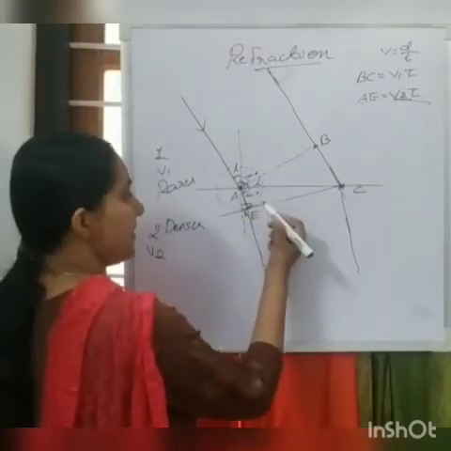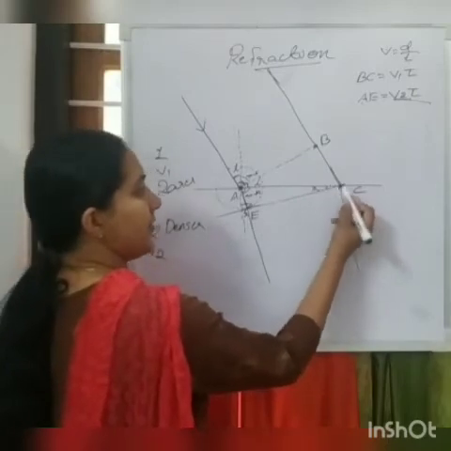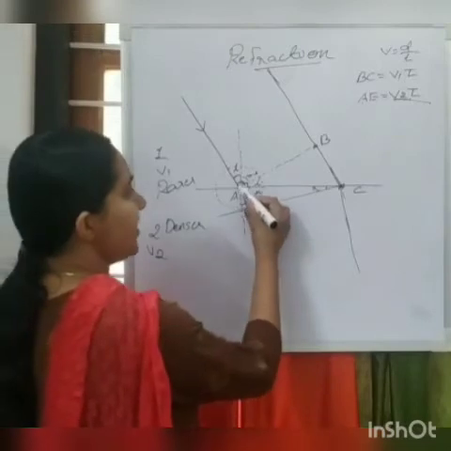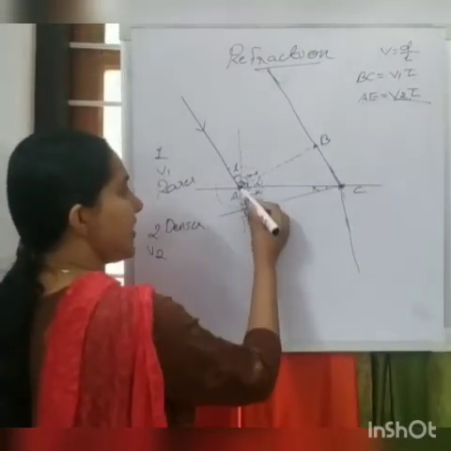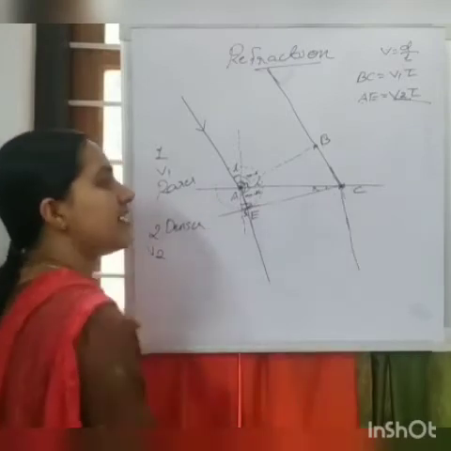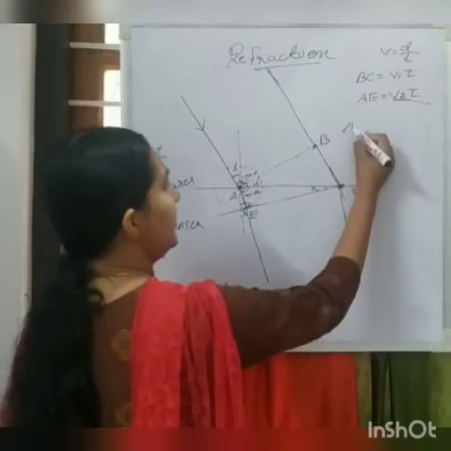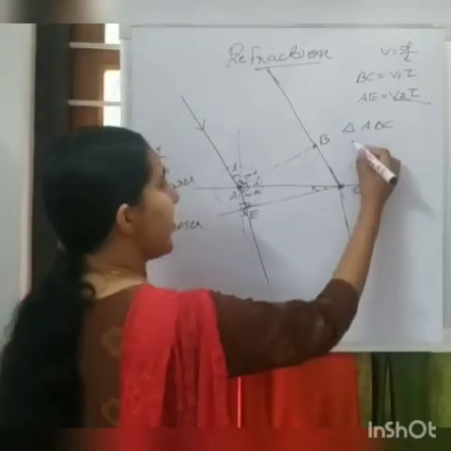This is 90 minus R. Sorry, R. So this angle will be R. Okay. So now we got in the triangle ABC, this angle as I, and in triangle ACE, this angle as R. Okay. Now from triangle ABC, sin I.